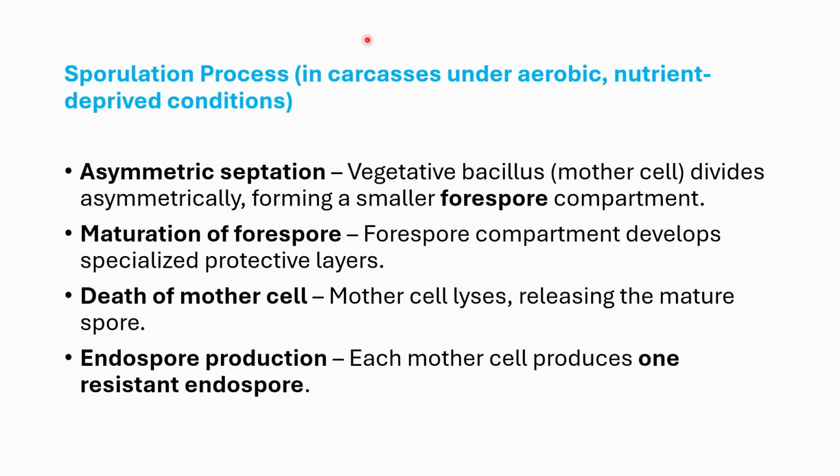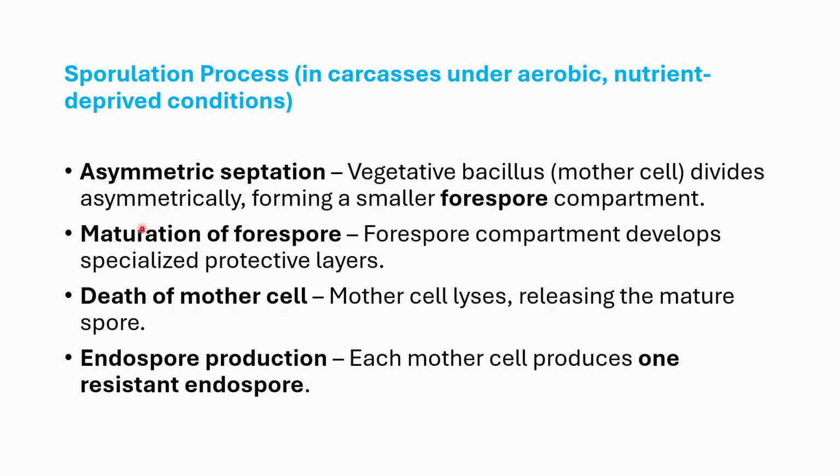Next is the sporulation process. Sporulation occurs in carcasses under aerobic, nutrient-deprived conditions, allowing bacteria to survive harsh environments. The process begins with asymmetric septation, where a vegetative bacillus, or mother cell, divides unevenly to form a smaller forespore compartment.